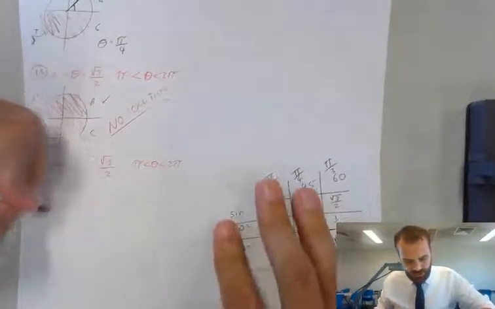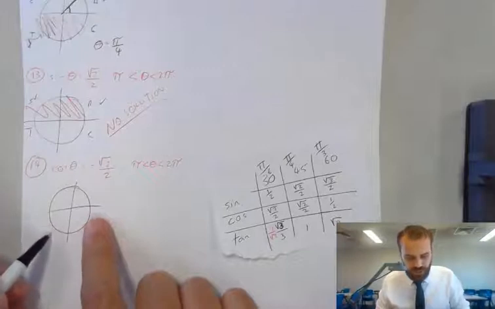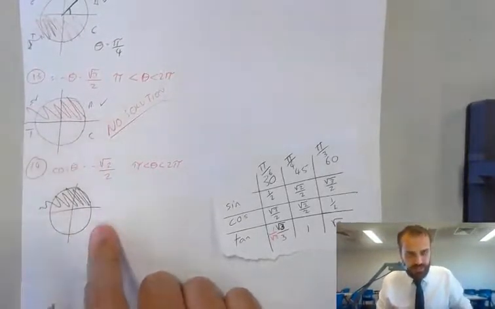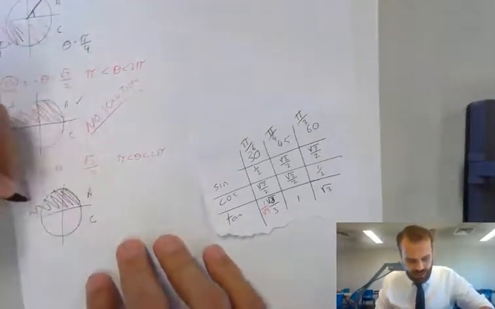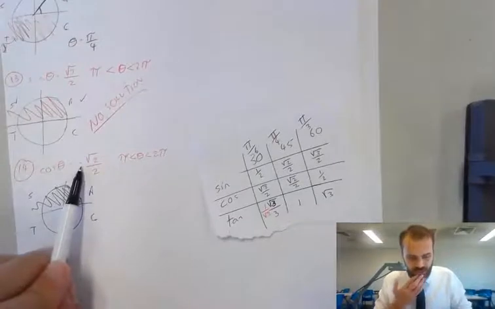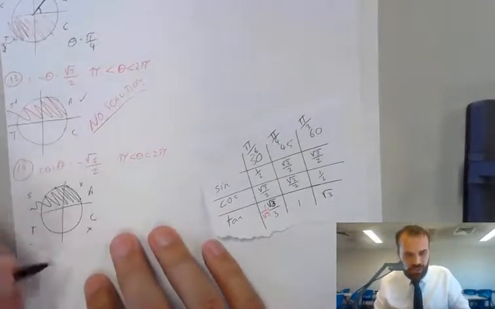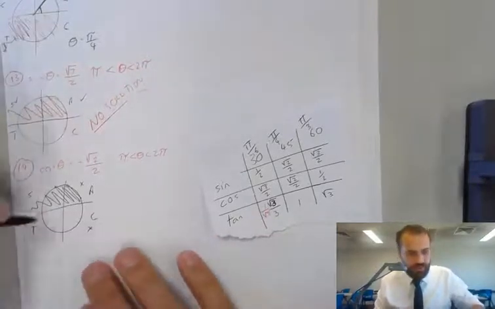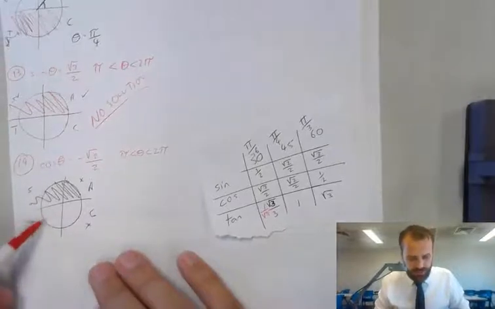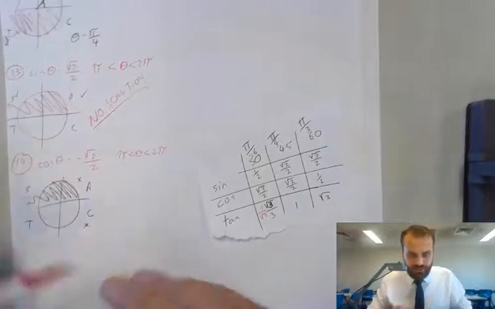Now, again, draw my circle. We're only interested in between pi and 2 pi, so we're not interested in anything that happens here. C-A-S-T, it's a negative cosine question, so it's not going to appear here, and it's not going to appear here. The only place it can appear is here. Alright, it could appear here, but because we're not in that domain, it can't.